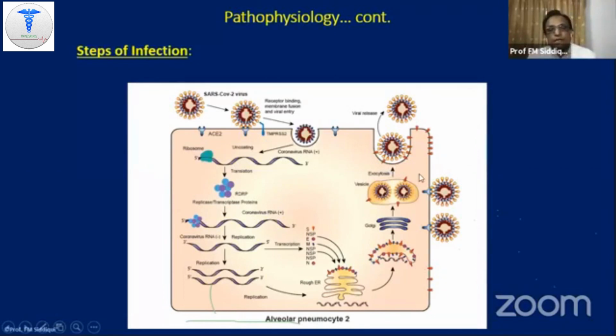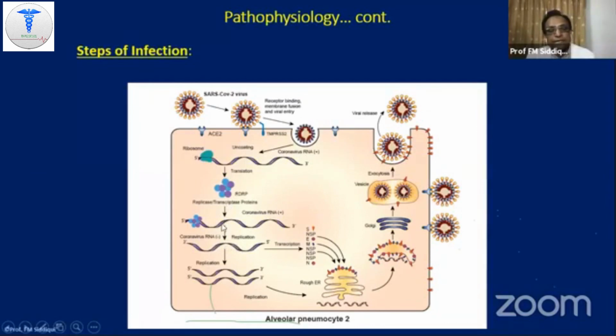Why do you need to understand this process? Because if you don't understand this process, you will not be able to understand where the drug acts. For example, remdesivir. Where does remdesivir act? It acts when the virus produces its copy from positive sense RNA to a negative sense RNA viral copy template.